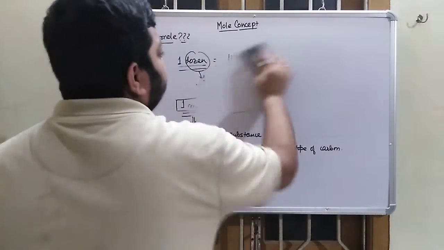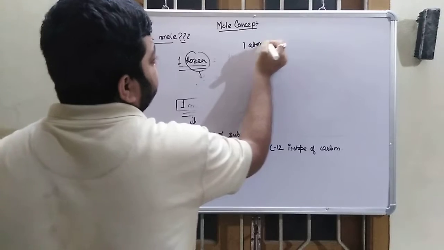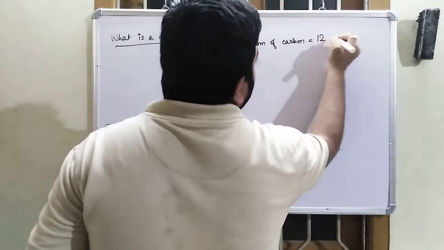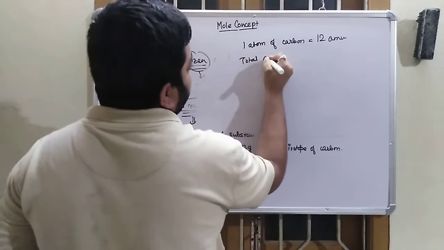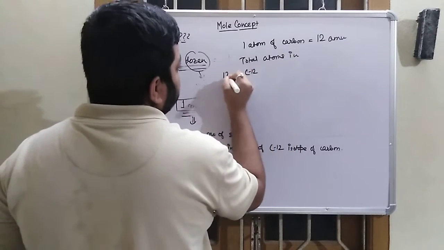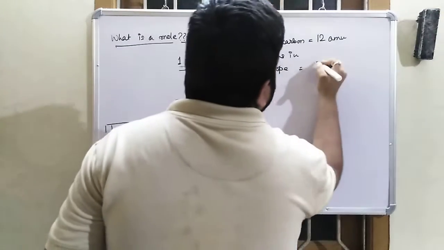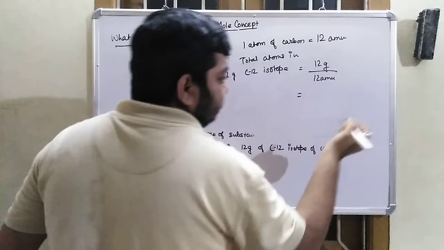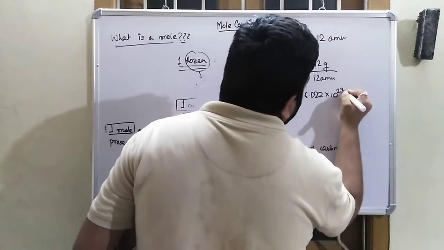So we know that 1 atom of carbon is equal to 12 AMU. So total number of atoms in 12 gram C12 isotope can be given as 12 gram by 12 AMU, and this comes out to be a very large number.